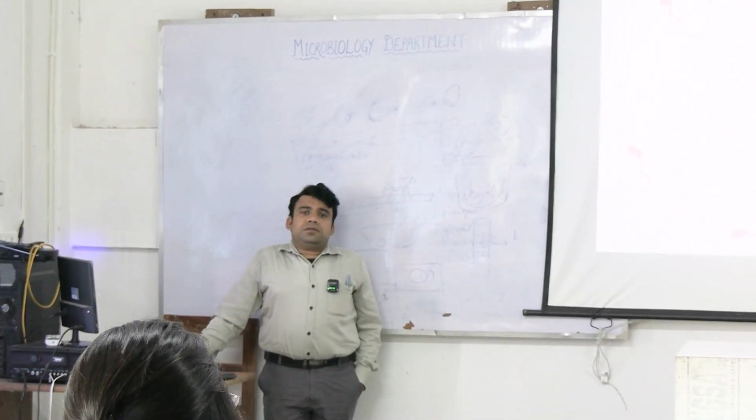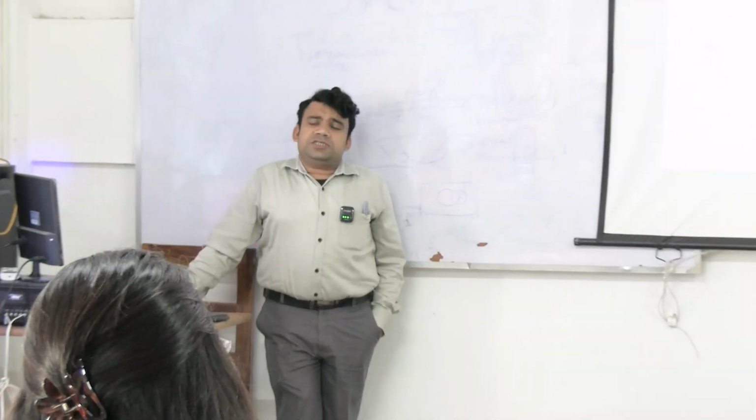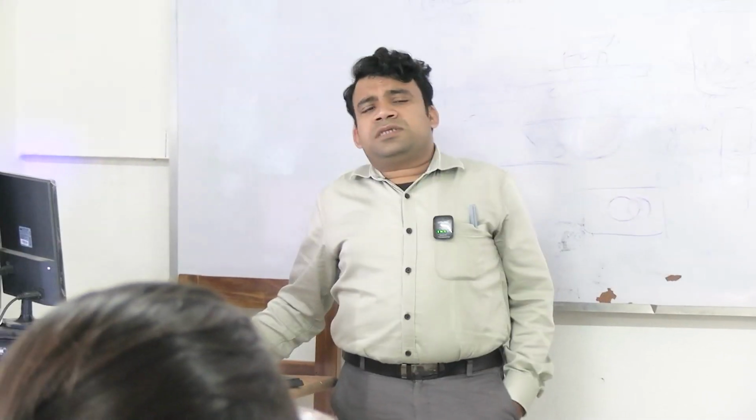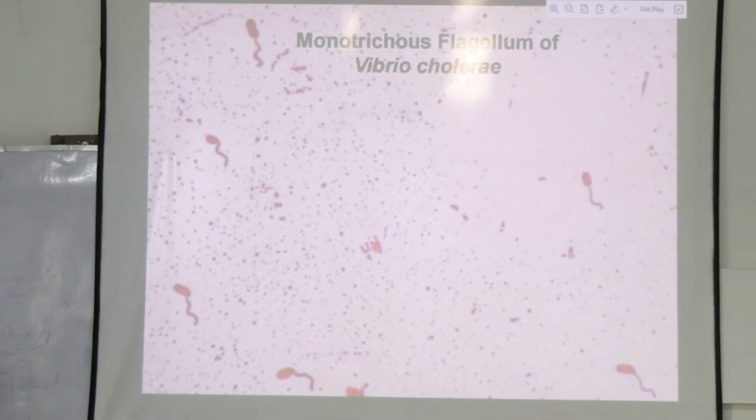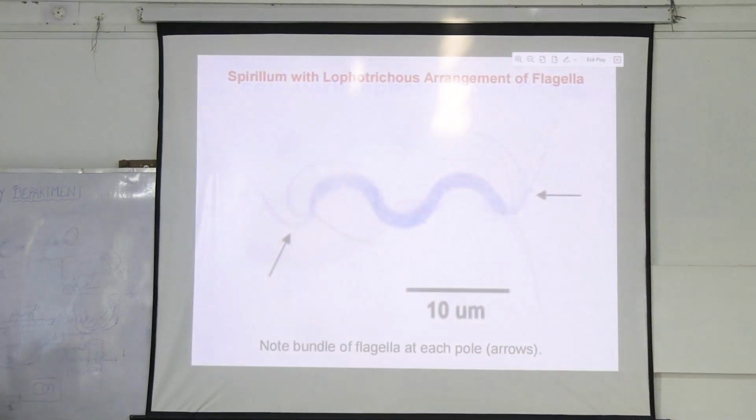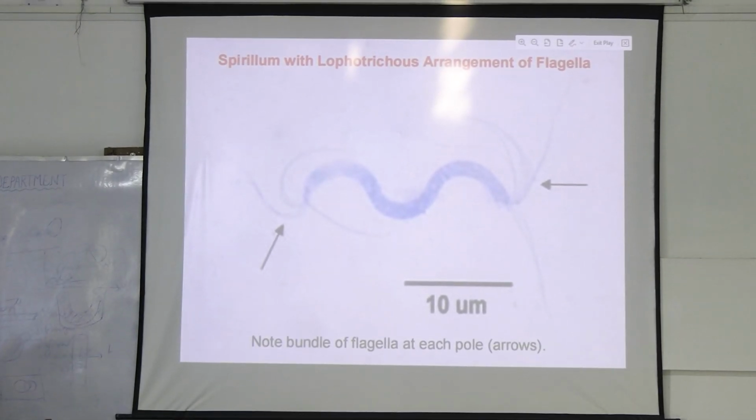For example, Vibrio cholerae, which is the causative agent of cholera, is an example of a monotrichous bacterium. You can see the single flagella present on the bacterium. Similarly, if we look at this bacterium, there is a tuft of flagellae at both ends.